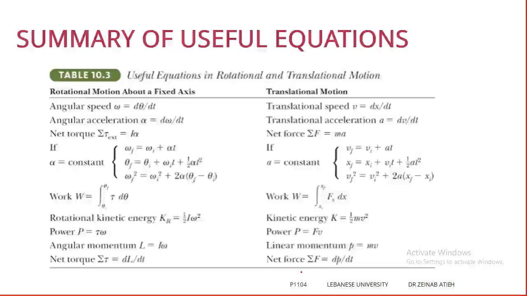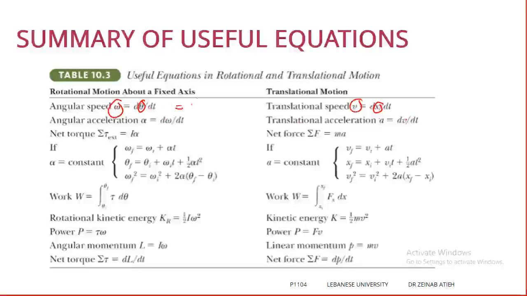Now I want you to keep these formulas in your mind whenever you solve. Everything in rotation is very similar to translation. It's the same. Just keep this in your mind and do a comparison to remember the formulas. Look, theta is replaced by x, so here omega is replaced by v. Instead of talking about meters per second, I talk about radians per second.